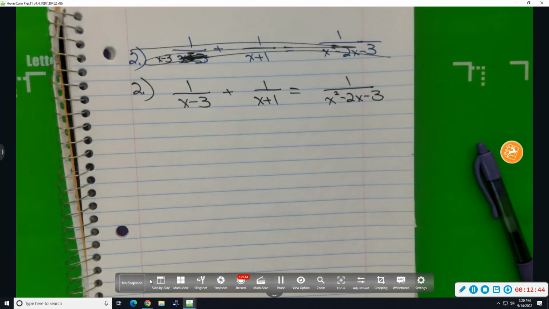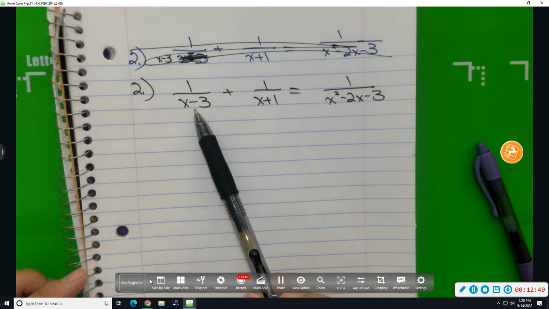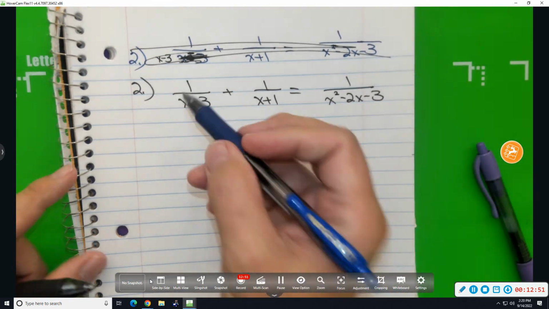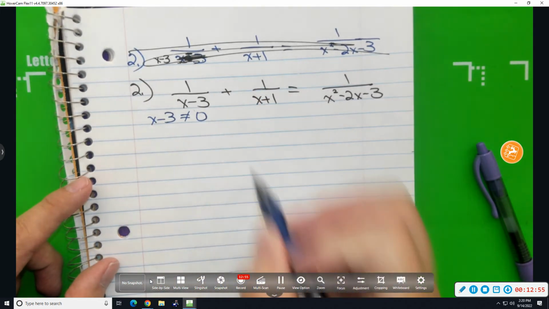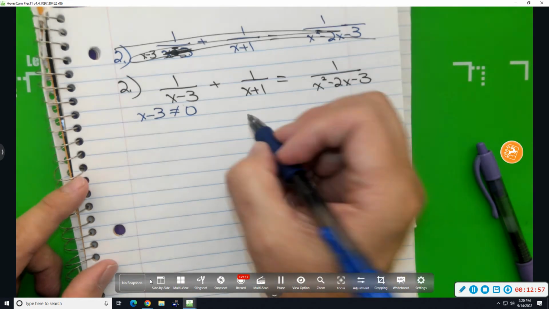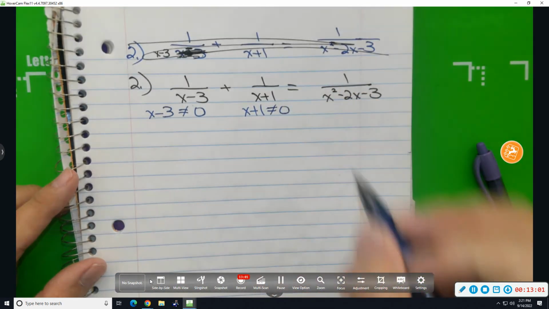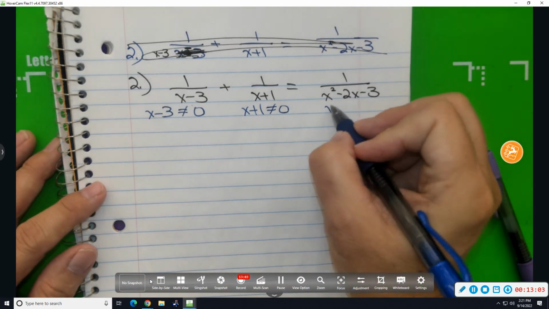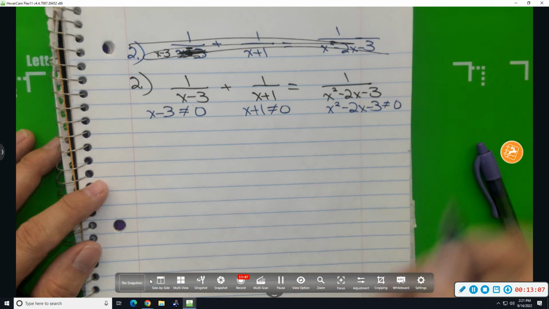Well, when is a fraction undefined? It's undefined when the denominator is 0, so we cannot allow x minus 3 to be 0. We can't allow x plus 1 to be 0. And we can't allow x squared minus 2x minus 3 to be 0.